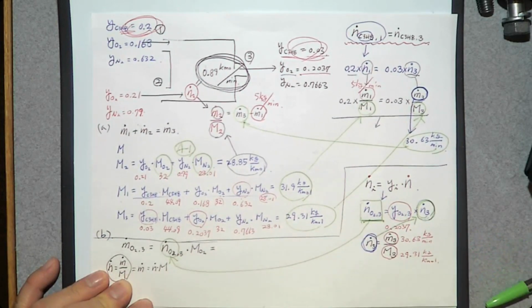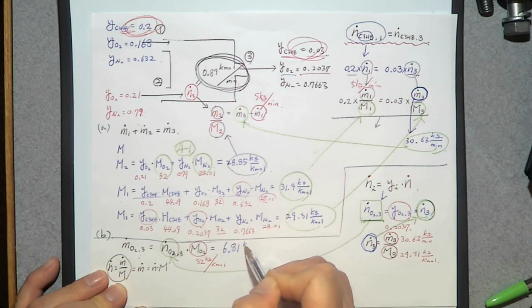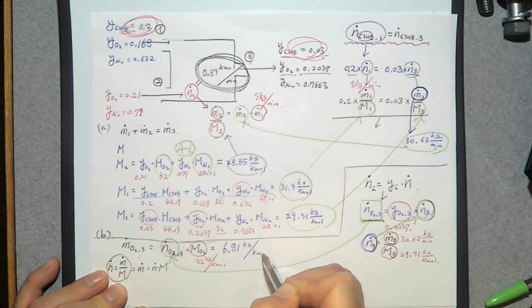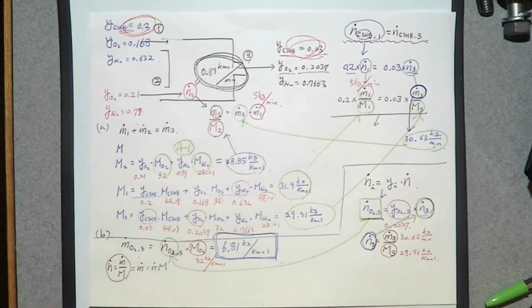And we already know the molecular weight of oxygen, which is 32 kilogram per kilomole. Then you can determine M dot of oxygen at number 3, which is 6.81 kilogram per minute. So that's how you determine the mass flow rate of oxygen at the exit number 3.